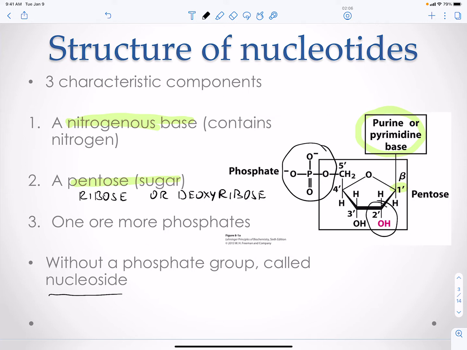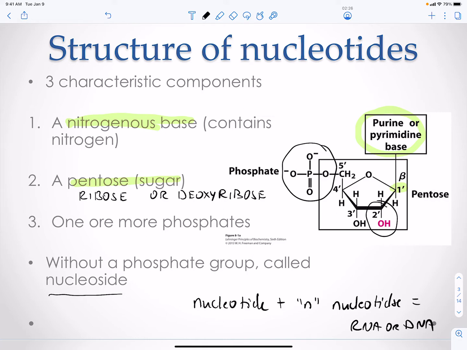Now, nucleotides are building blocks of nucleic acids. So a nucleotide plus N nucleotides equal RNA or DNA.